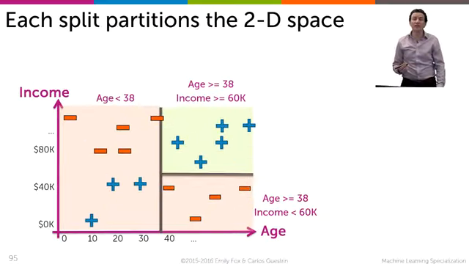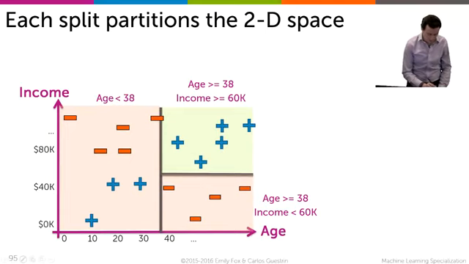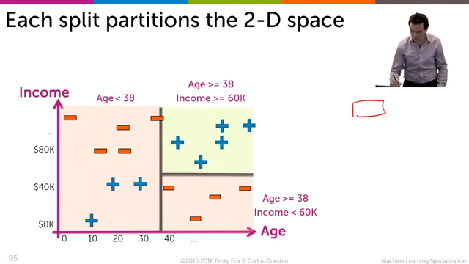So let's take a moment to visualize the decision tree we've learned so far. We start from the root node over here, and for our first split, we decided to split on age.